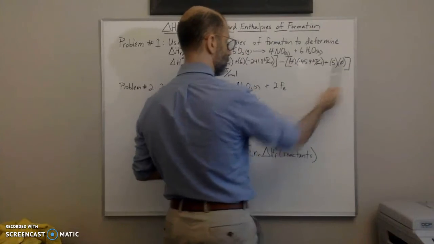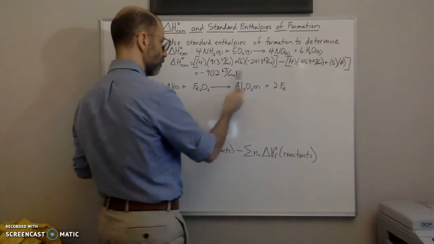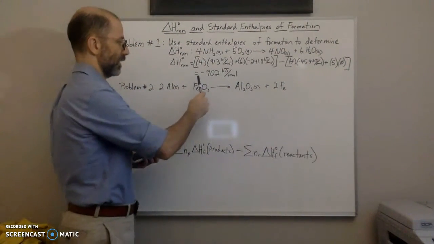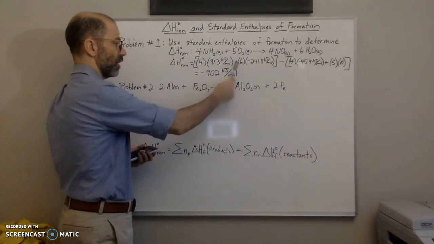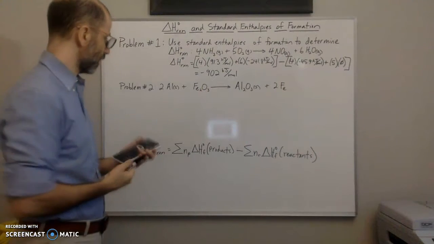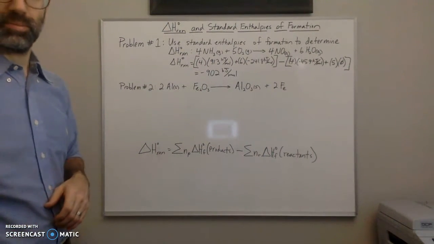Here it's 0. So when we subtract, we get negative 902. This indicates that this is going to be an exothermic reaction because of the negative. Okay, and then we can do the same thing for the second problem.